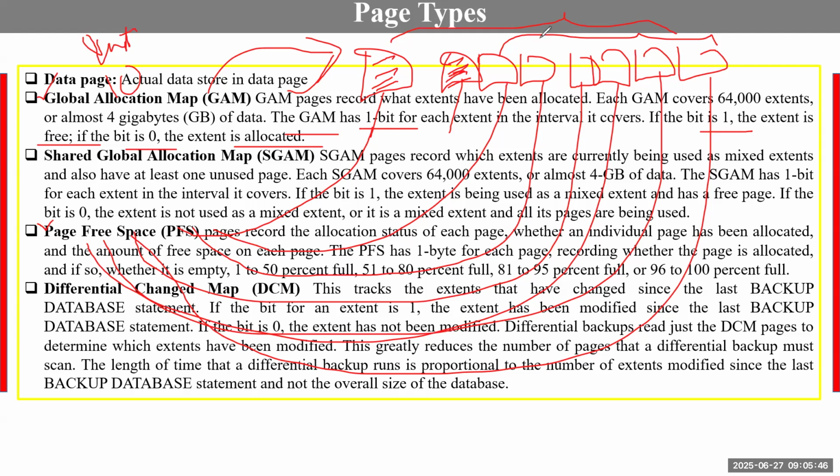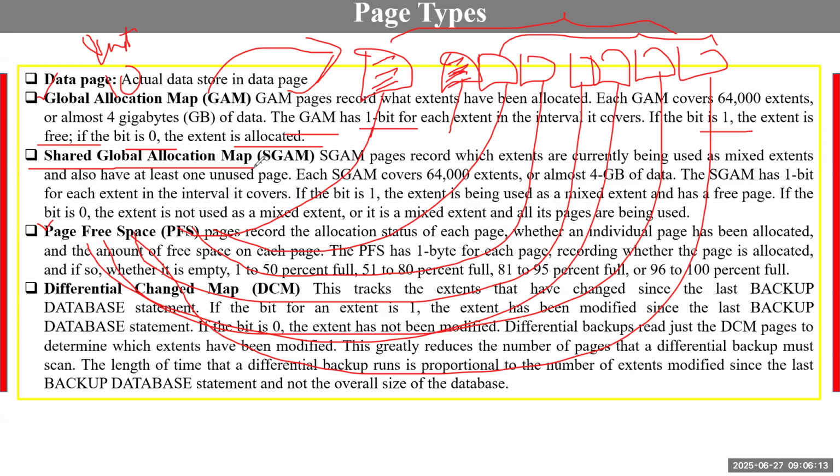Now, somewhere we need to track whether the extents that are allocated are completely filled with data or still have free space. Yes, that also needs to be tracked, right? That is tracked by the Shared Global Allocation Map, SGAM.